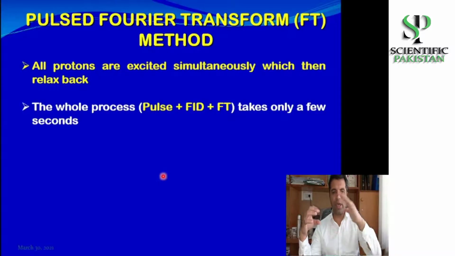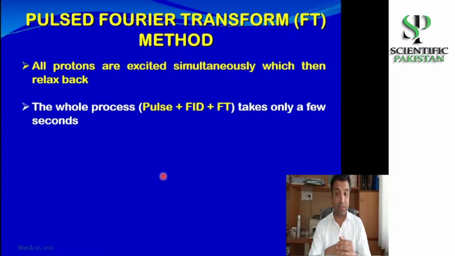And because it's going away from the detector, the signal decays with time. When it is closest to the detector, the signal is of highest intensity, but as soon as it goes back, and it doesn't go back straight, it goes like this around the z-axis and moves away from the detector towards the z-axis, and that is why you get a decaying signal.